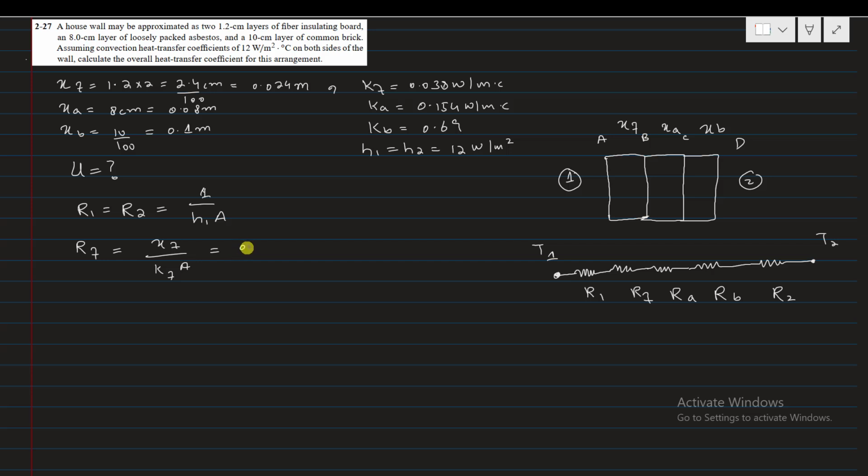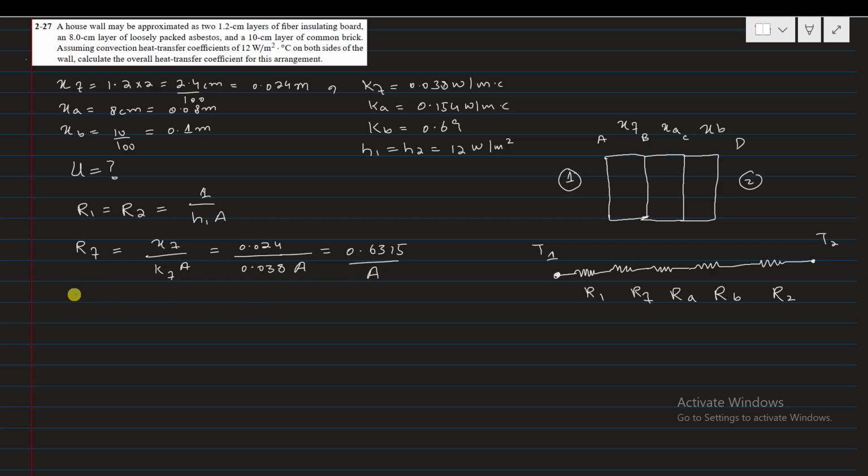That is 0.024 divided by KF, that is 0.038, divided by area. Area is the surface area, which is unknown. Don't worry about it, just write the things that are known. So after division you will get 0.6315 divided by area.